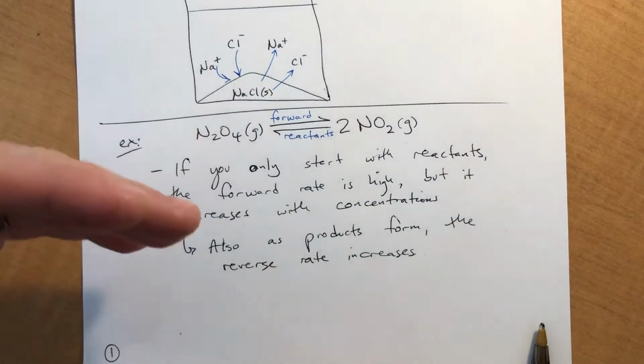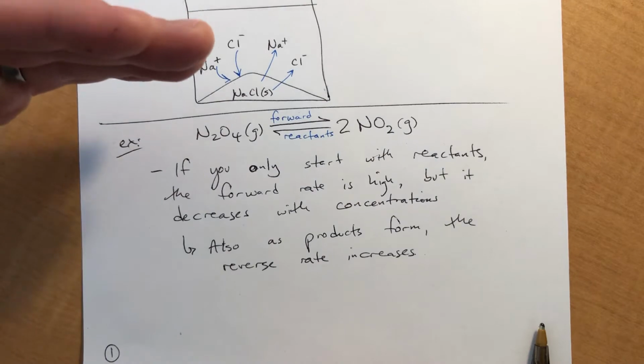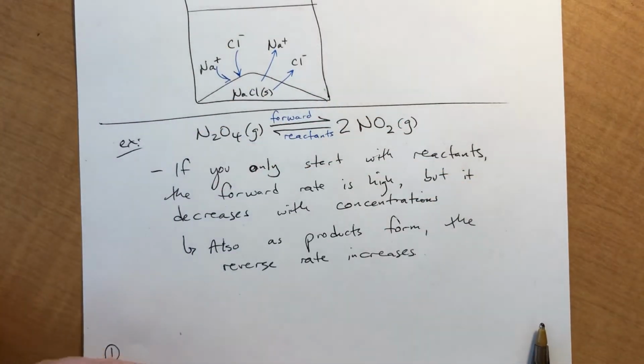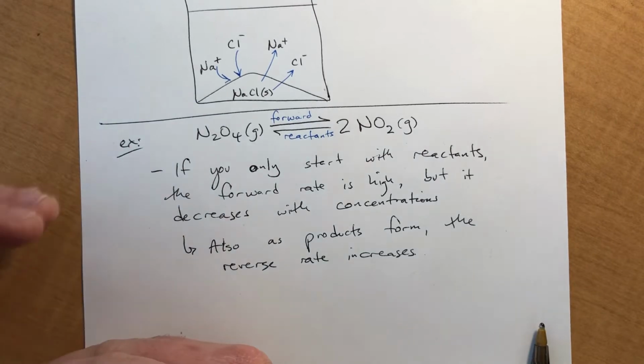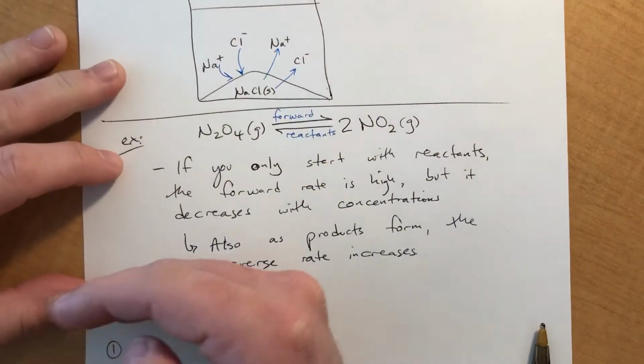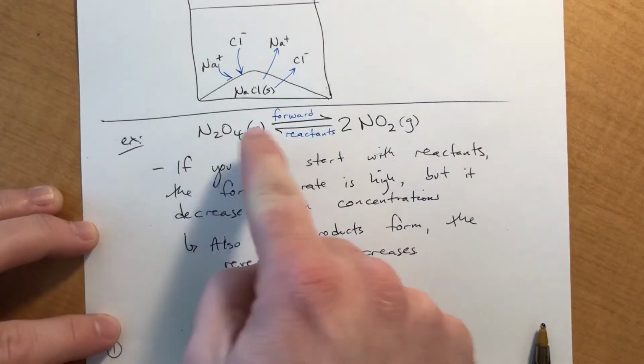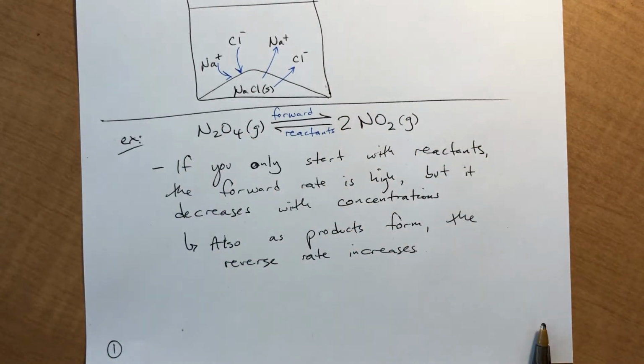Essentially the forward rate starts out high and slowly decreases over time, and the reverse rate is 0 in the beginning and starts going up as product forms, and eventually they'll be the same. That's when, although the forward and reverse reactions are still happening, equilibrium is achieved, and the total concentration shouldn't change.